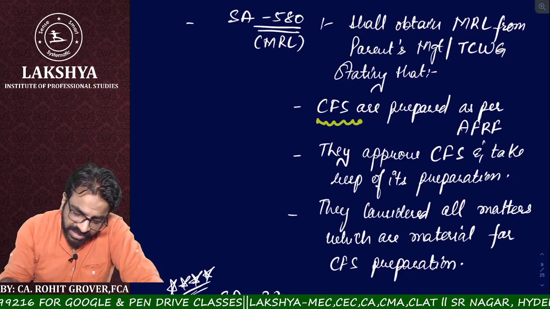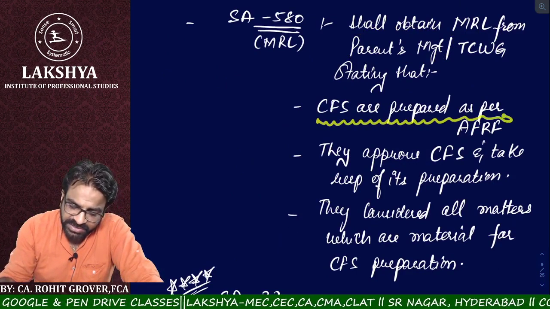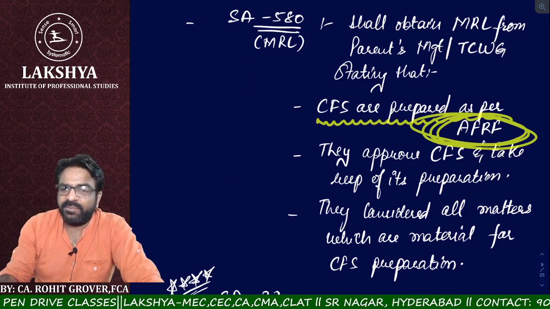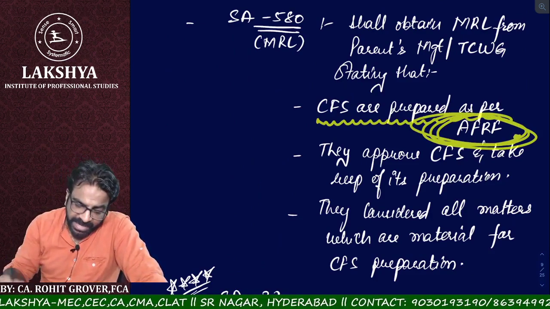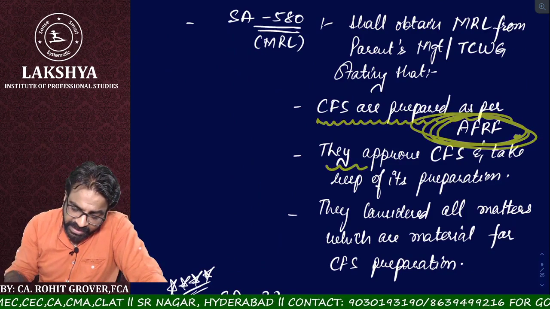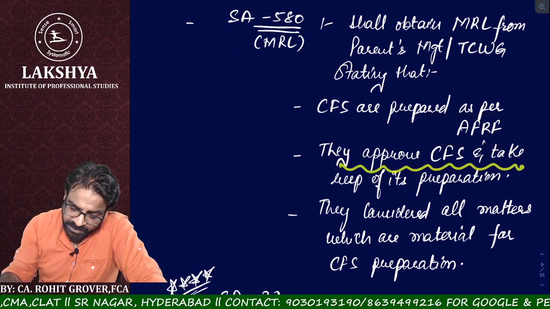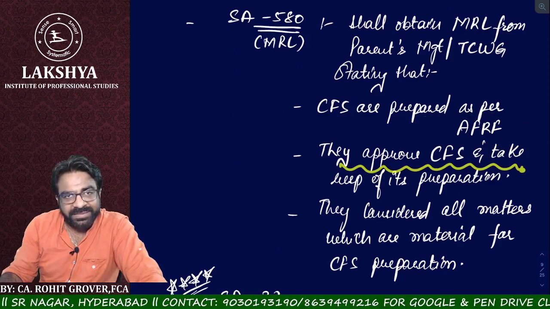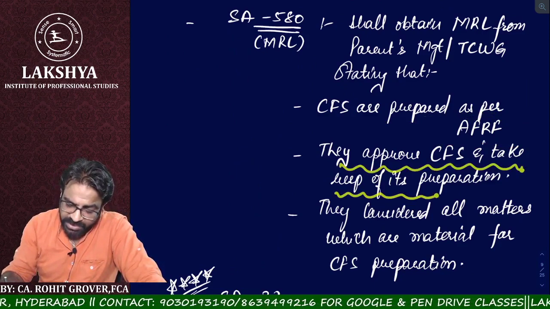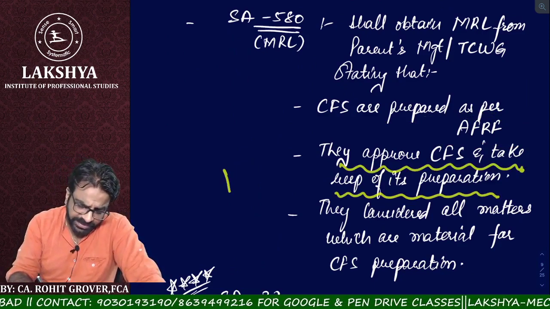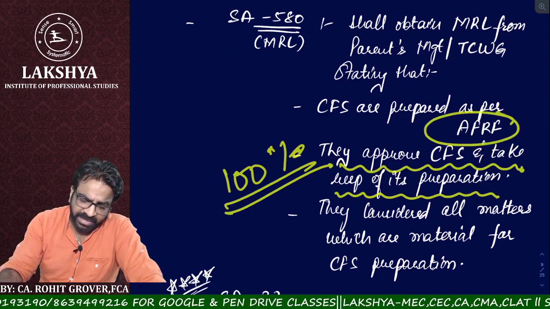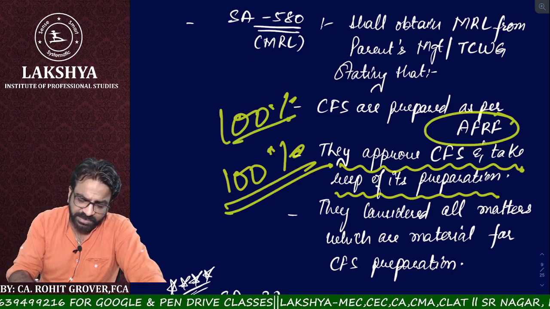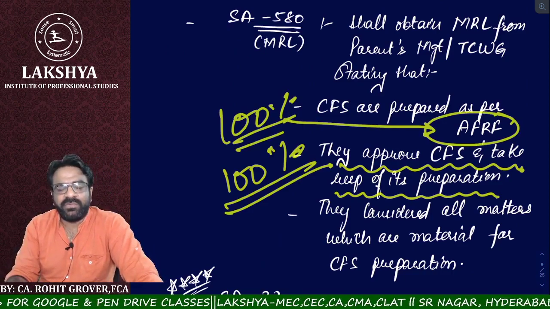Sir, the parent has taken care of preparing the consolidated financial statements as per the applicable financial reporting framework. Clear everybody? Yes. And they approve that the consolidated financial statements are prepared by them, and they take full responsibility of its preparation, 100% responsibility, and they have prepared the financial statements as per the applicable financial reporting framework.